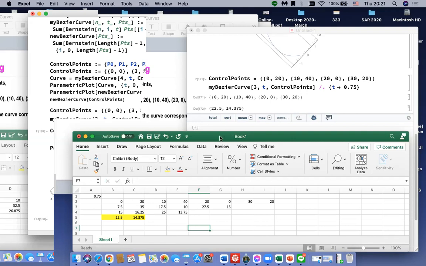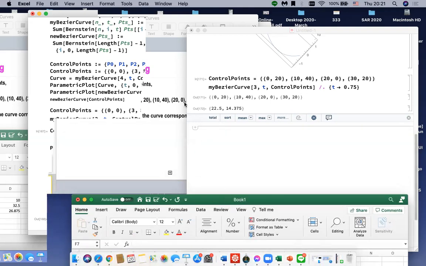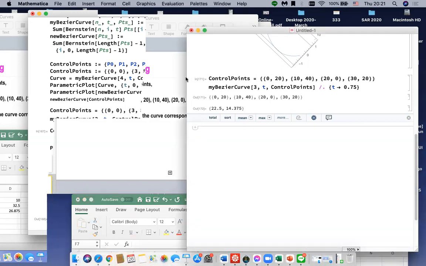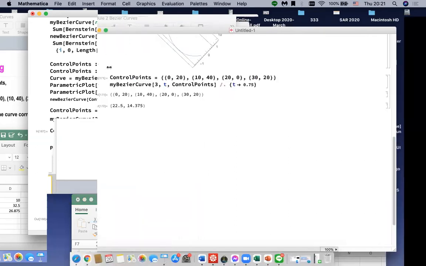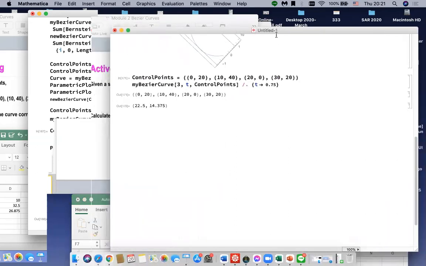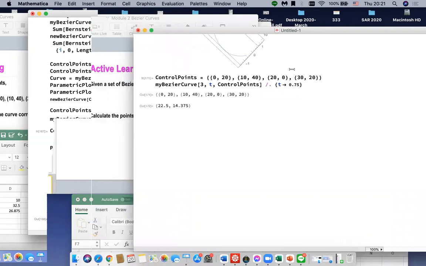Okay, you can use the Bernstein polynomial form of the Bezier curve in order to find the value of a point on this curve in the active learning when t is equal to 0.75.